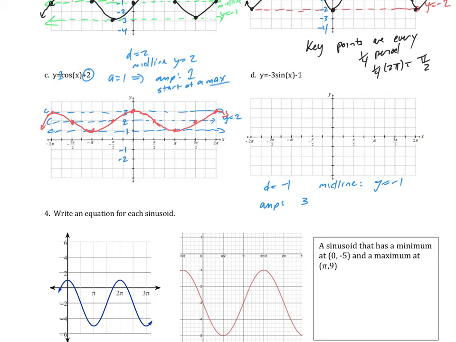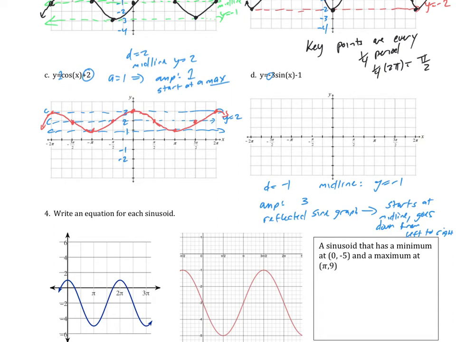So we're going to go up 3 and down 3. But because we have a negative, I'm going to say this is a reflected sine graph. So because it's sine, it starts at the midline, but then it goes down from left to right.